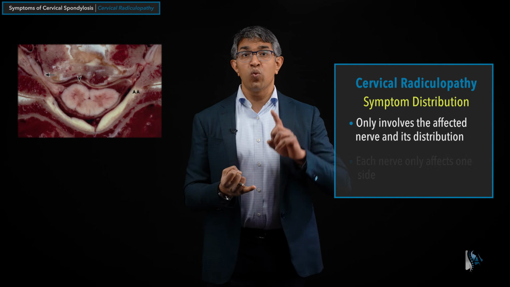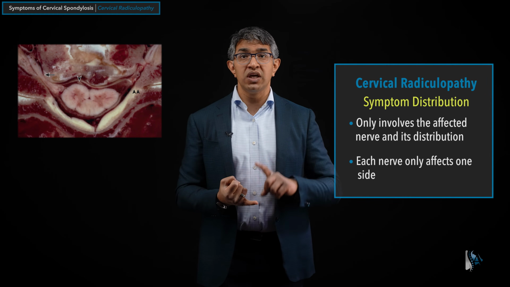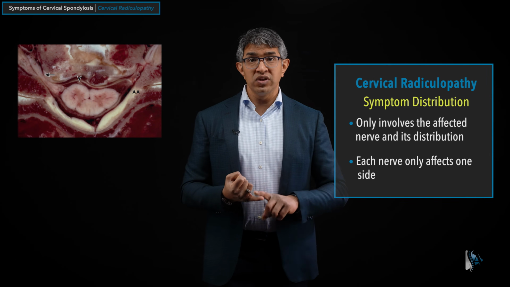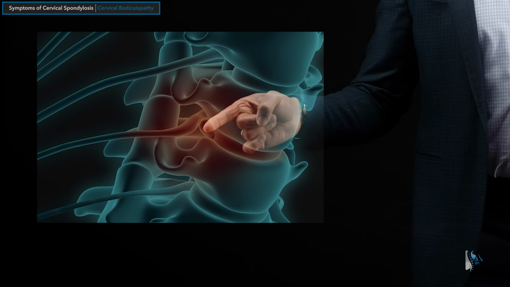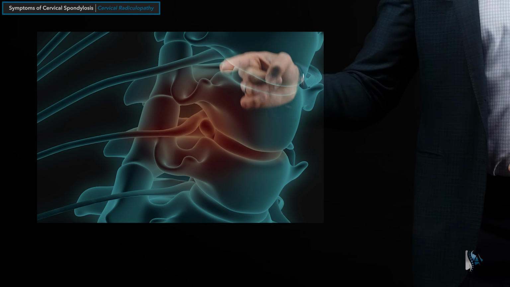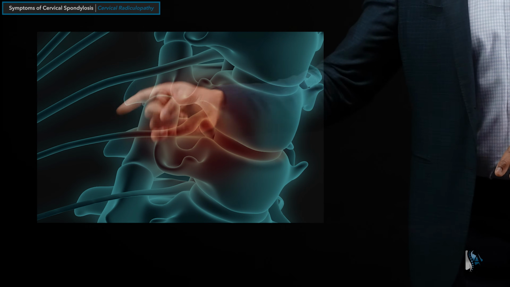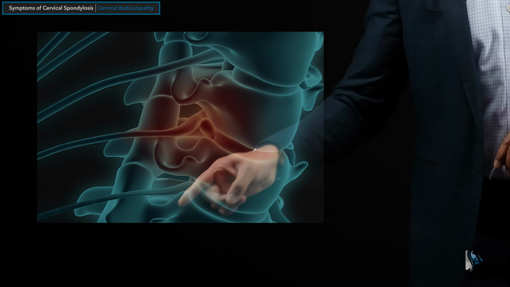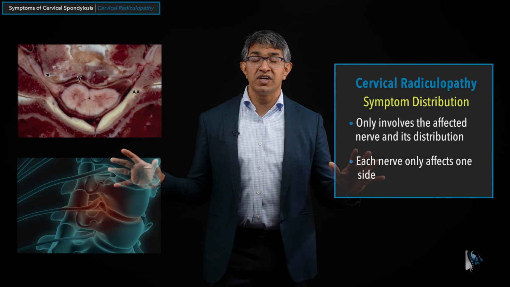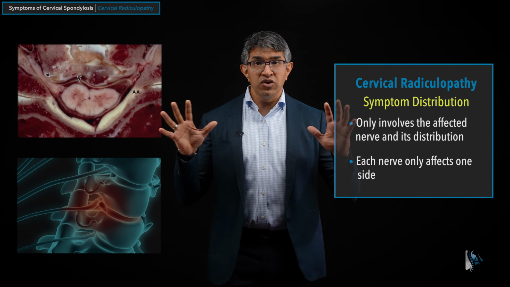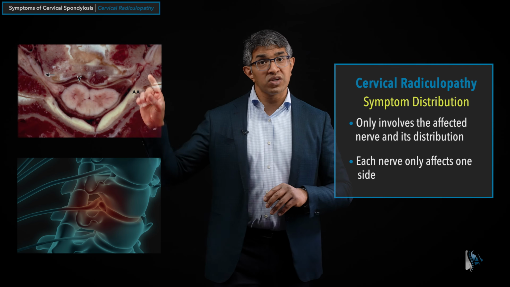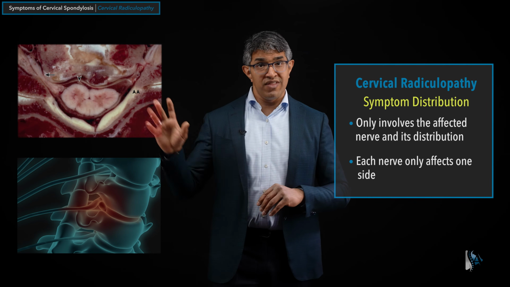So usually that's on one side, so the symptoms are usually unilateral. This illustration here shows, for example, inflammation here will not affect the level above it. So let's say this was the C5 nerve. C4 and C6 will typically not be affected. So the symptom distribution usually only affects all of the structures where that nerve goes on that side.